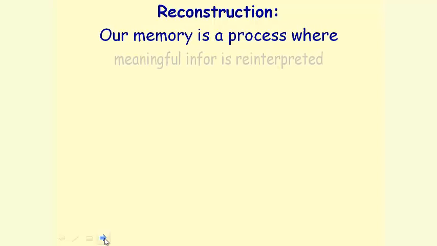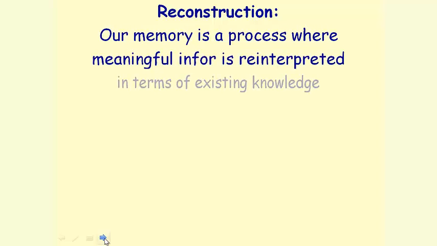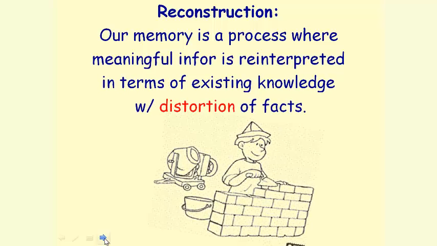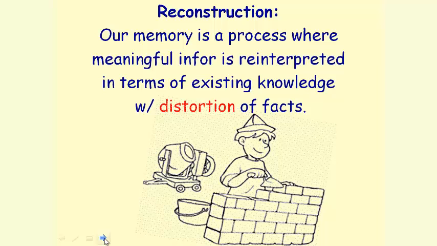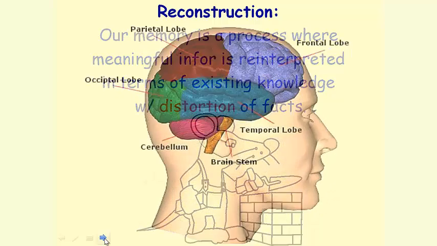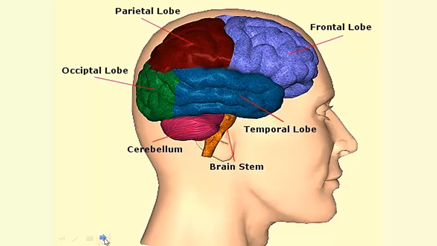Reconstruction is a memory process where meaningful information is reinterpreted in terms of existing knowledge with some amount of distortion of facts and circumstances. As described in the previous notes, we pull disparate pieces of information stored across many specialized areas of our brain, such as sight, sounds, feel, and other stored sensations of a particular event to reconstruct a memory of an experience.